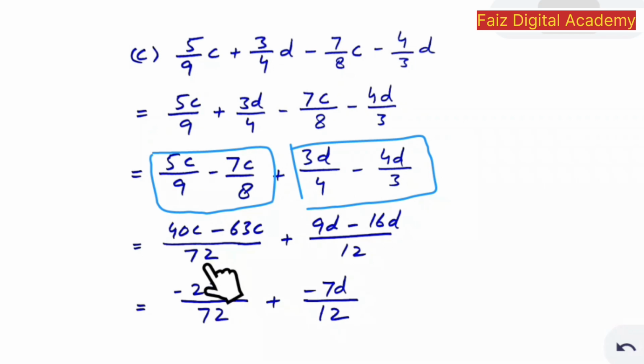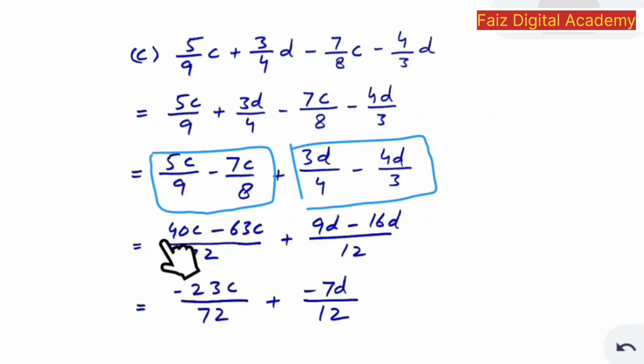Then this negative sign, and next 72 divided by 8, the answer is 9, and 9 sevens are 63. On the other side, 4 threes are 12, so 12 is the LCM, and 12 divided by 4, the answer is 3, and 3 threes are 9d. Negative sign, 12 divided by 3, the answer is 4, and 4 fours are 16d.